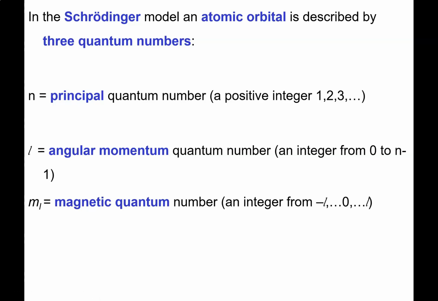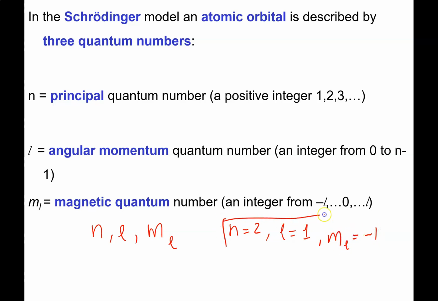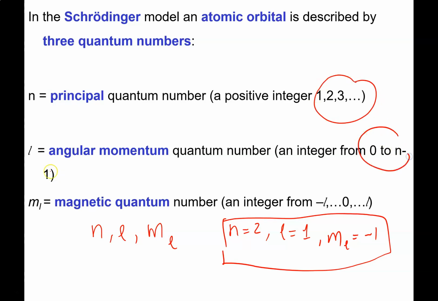So a valid orbital will have a valid set of n, l, and ml. Something like n equals 2, l equals 1, ml equals -1 would represent one valid orbital, because those values of n, l, and ml are allowed according to these three rules.